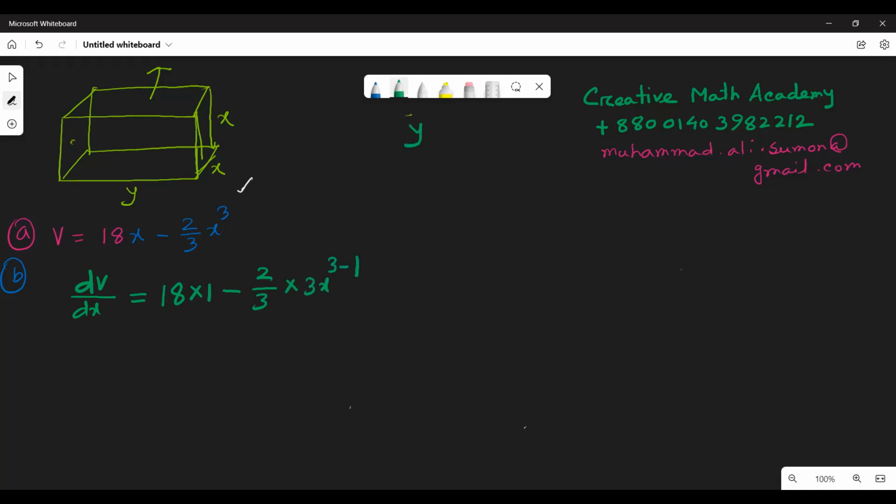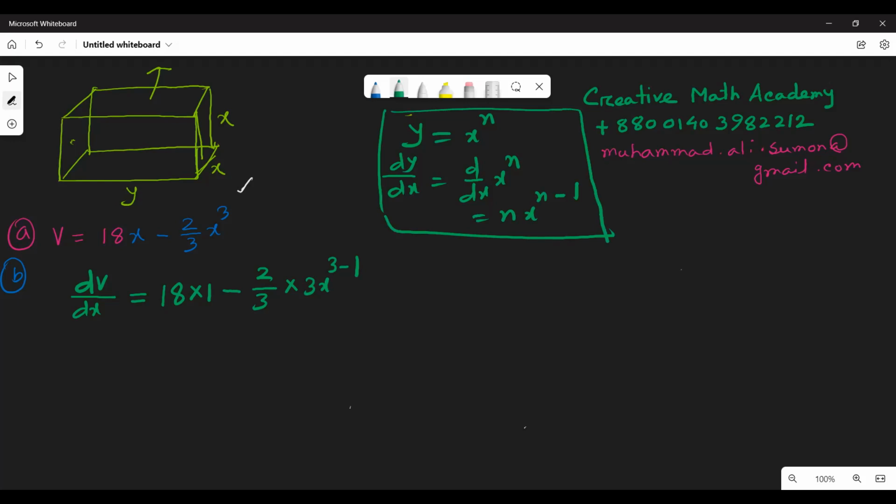We know the differentiation formula: if y equals x to the n, then dy by dx equals n x to the n minus 1. Okay, so this 3 cancels. Finally, we get 18 minus 2x square.